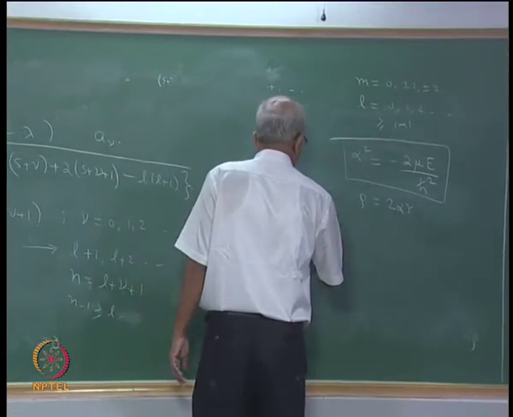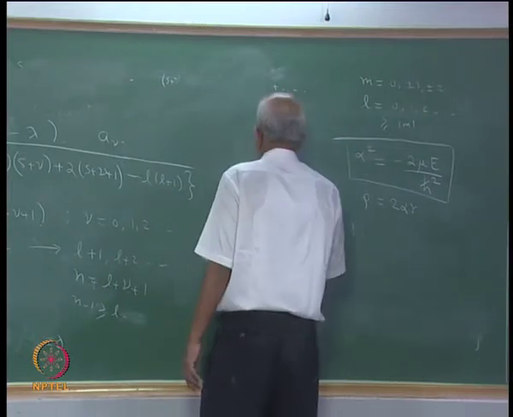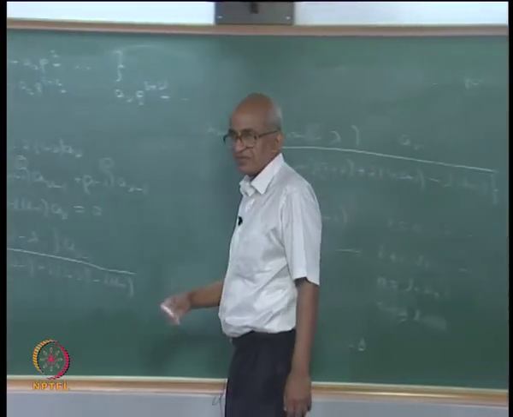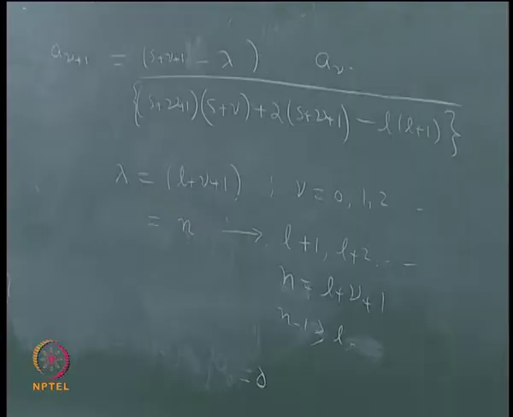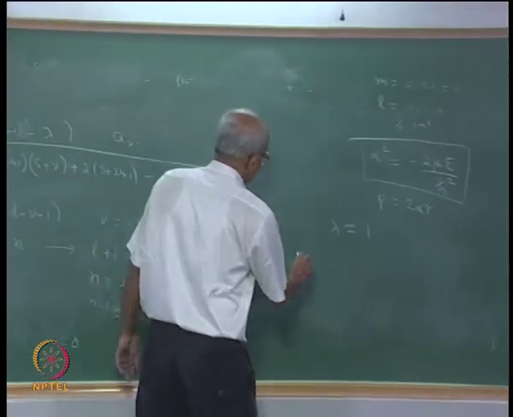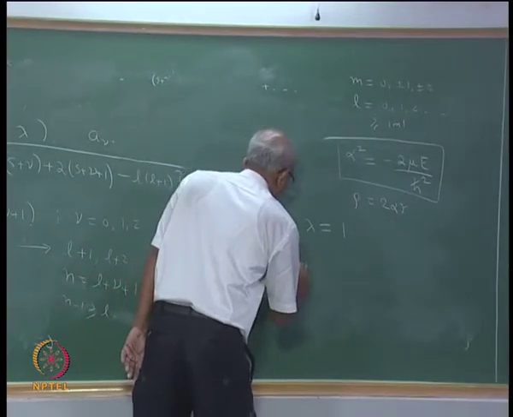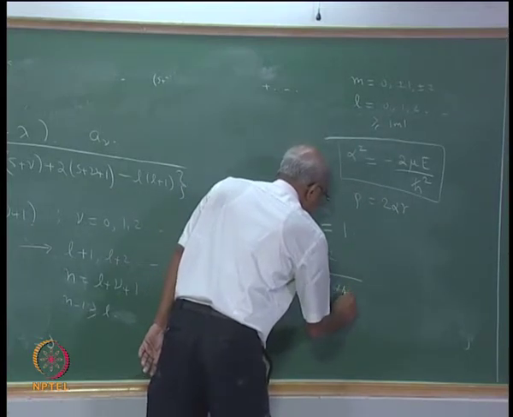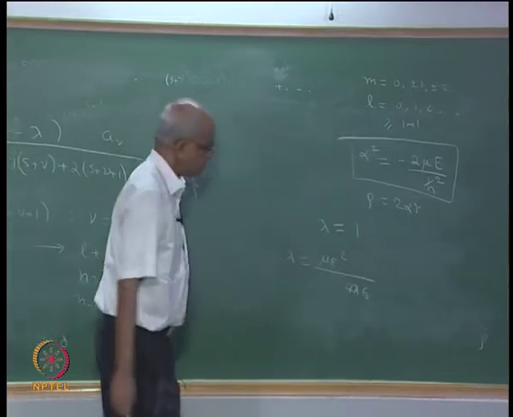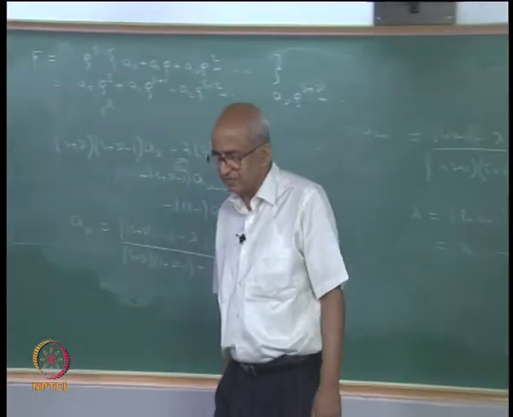We had a definition of lambda, unfortunately that has been rubbed off. So, I will have to depend upon your notes or my notes to write the value of lambda. Lambda was defined to be mu e square divided by 4 pi epsilon 0. What else did we have?